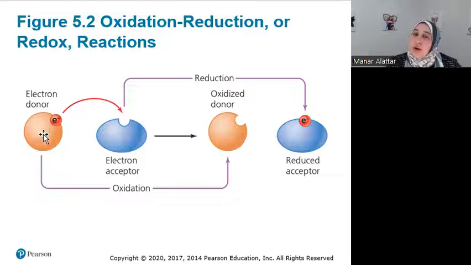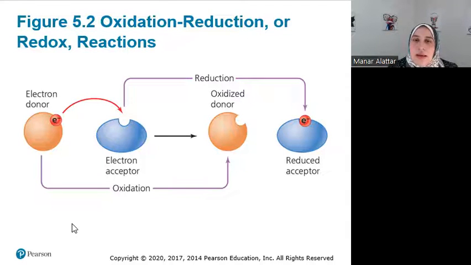And then the atom or molecule that loses the electron is called oxidized. And so some folks will use the term OIL RIG. OIL RIG means oxidized is lost, reduced is gained. Okay. Oxidized is lost, reduced is gained.